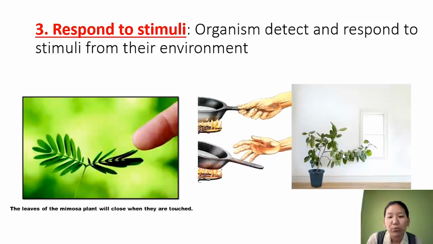So the plant moves towards the sunlight, and such a response to stimuli is called phototropism. The stimulus is the sunlight, so they move towards the sunlight. All living organisms are aware of their environment. They are conscious of the environment. That is why we respond to stimuli. So this response to stimuli becomes a defining property of all living things.